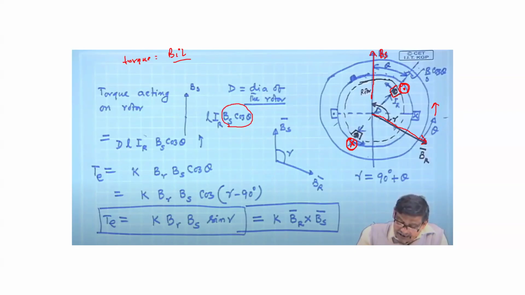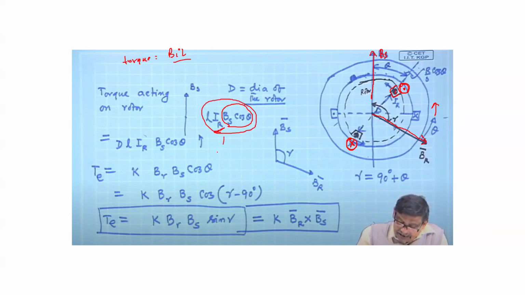And the current carried by the rotor conductor is IR, the rotor current. So this is the magnetic field BS cos theta in the place of B, rotor current IR, and this is the length of the conductor. So this will be the torque experienced.